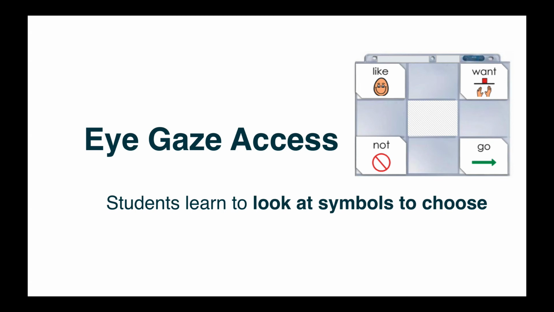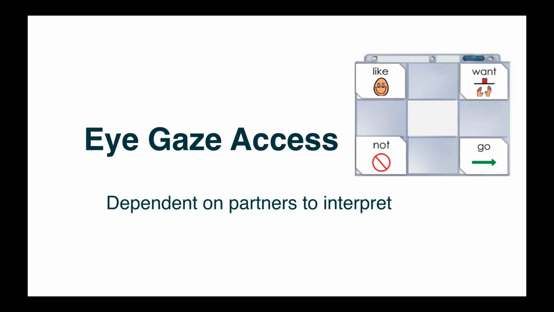Eye gaze is also an appropriate access method to consider for students with physical challenges. Eye gaze can be an effective option for students who can learn to reliably look at symbols in a manner that allows the communication partner to understand. It is important to keep in mind that beginning communicators are dependent on partners to interpret their behaviors.